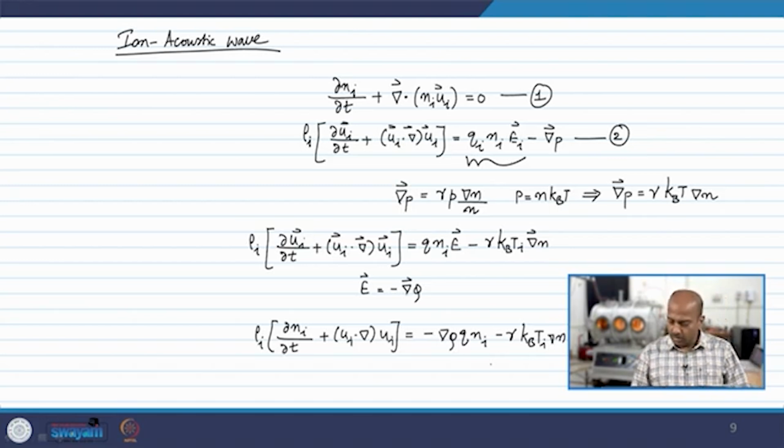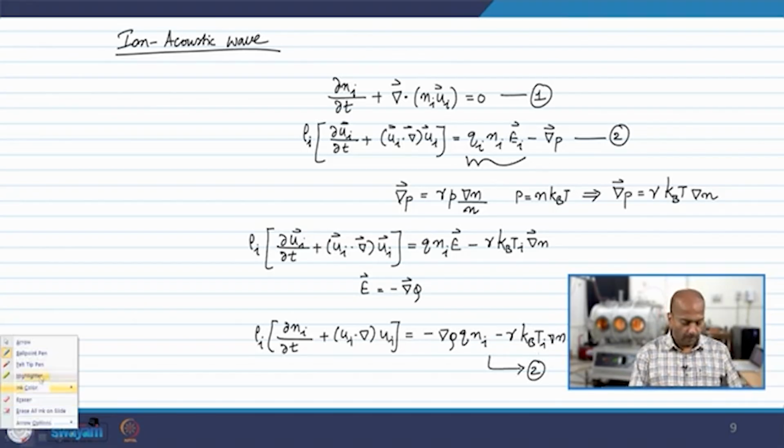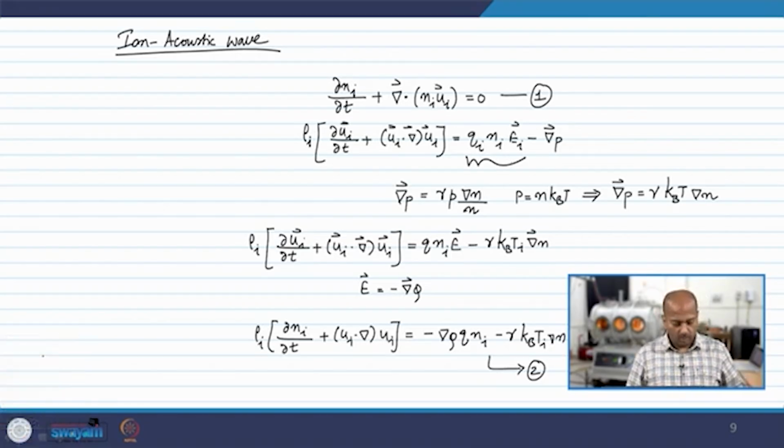Let us call this form of the equation equation number 2. Both are the same, but written in terms of the parameters that we are going to use.